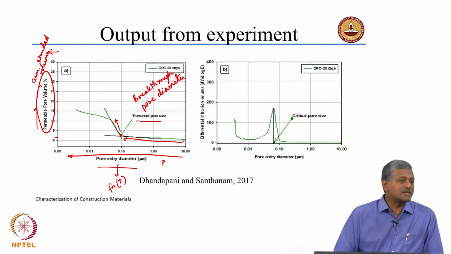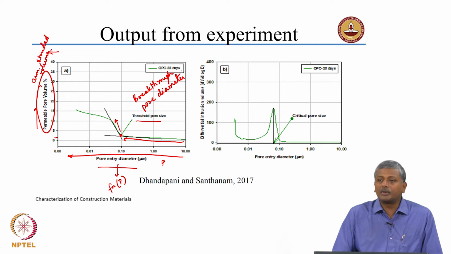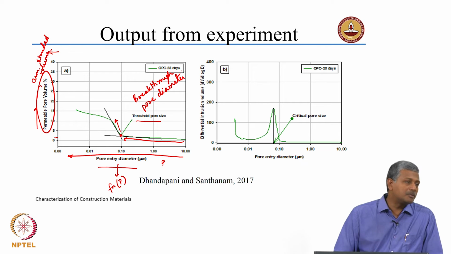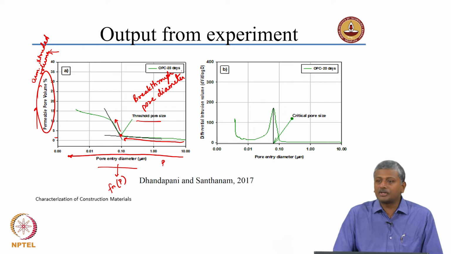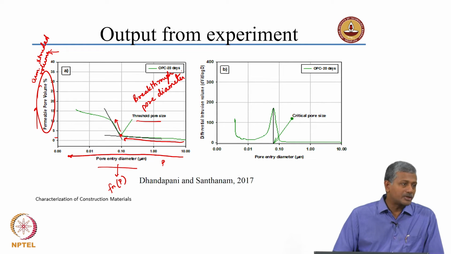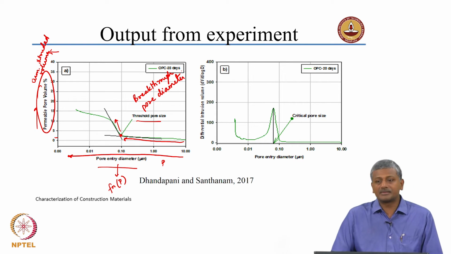So, in physical significance, when we talk about concrete durability, we know that durability of concrete is intrinsically related to the permeability of the concrete. So, in some ways the threshold pore size or the breakthrough diameter defines the amount of pressure that you need to actually infiltrate the system.